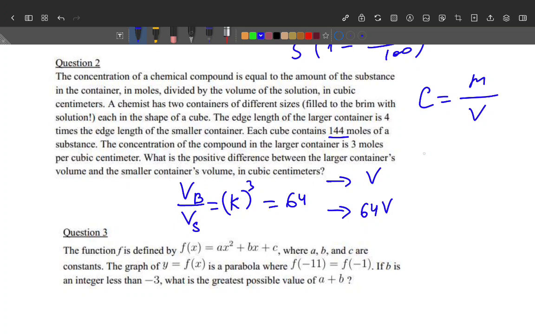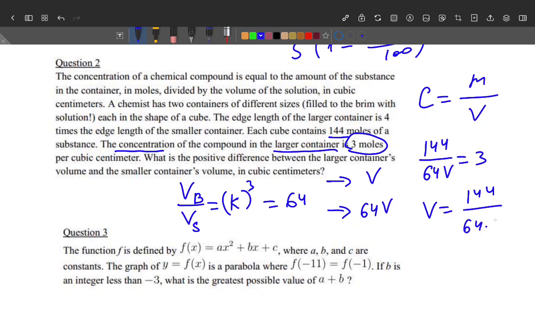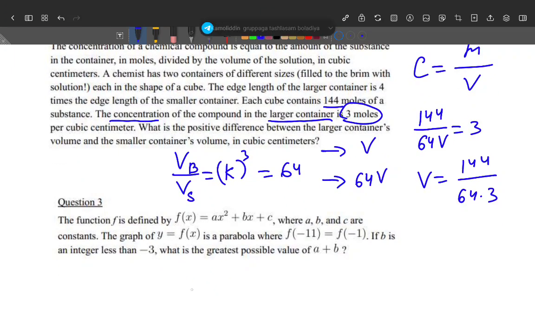It means the concentration of the compound in the larger container is the amount of substance divided by the larger container, 64V, is 3. It's given 3 moles. And from here I can find V. V is equal to 144 divided by 64 multiplied by 3.